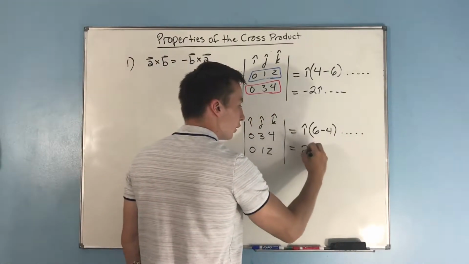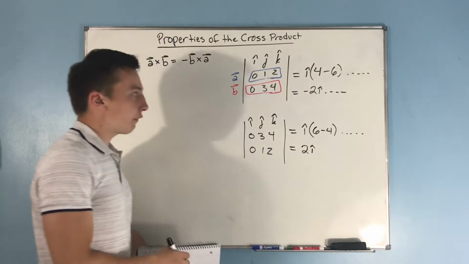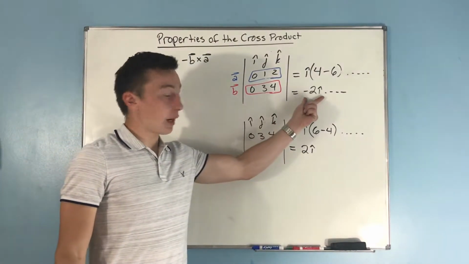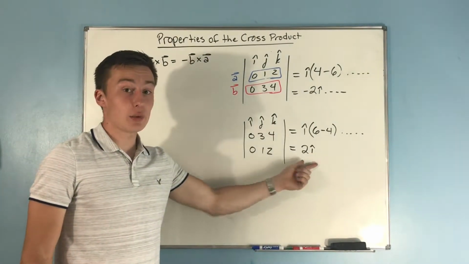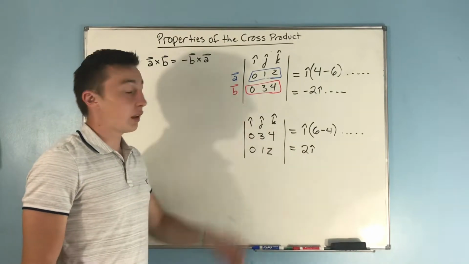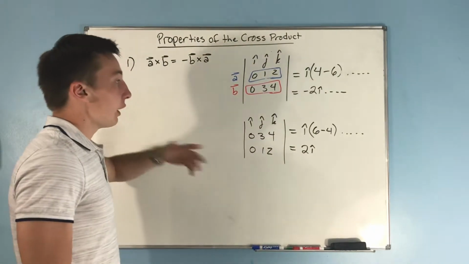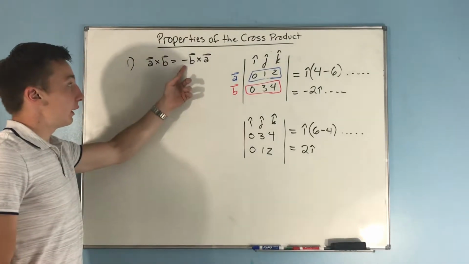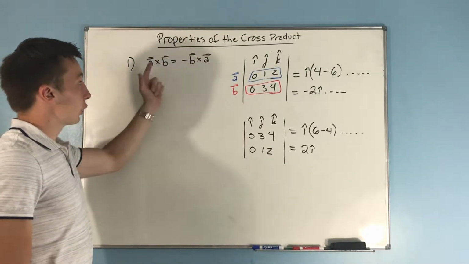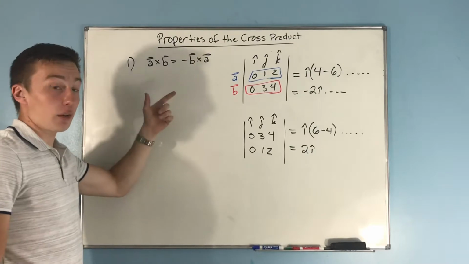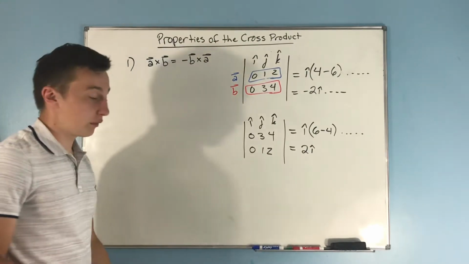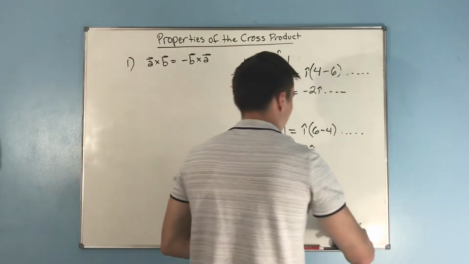So this is going to be equal to 2 I hat. Now you see the difference here. Here we have a negative 2 I hat, but here we have a 2 I hat. So these are not going to be the same components. We have a negative 2 and a 2. And that's why if we switch it and do B cross A instead of A cross B, we have to negate it. Okay, that's the whole idea here.